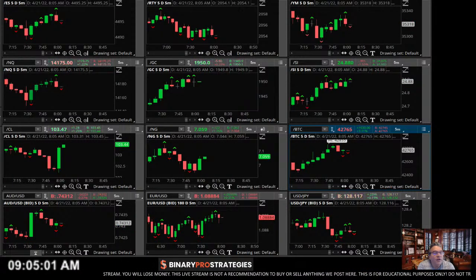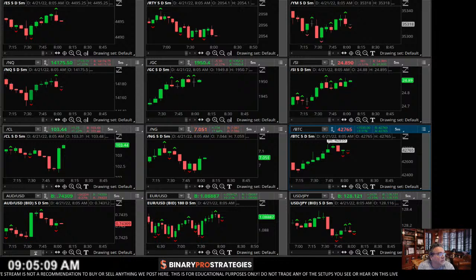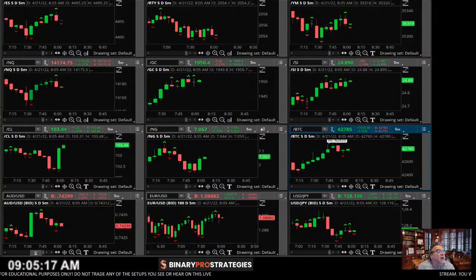Let's get started. First thing I'm looking at here is a buy on the silver this morning. It's going to be a buy anything below 24.91.